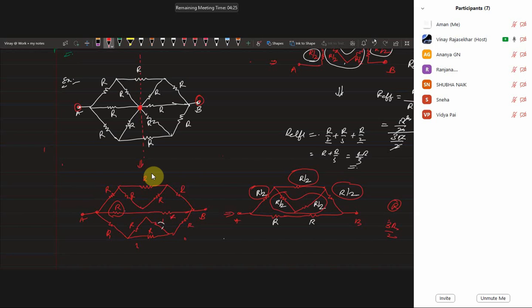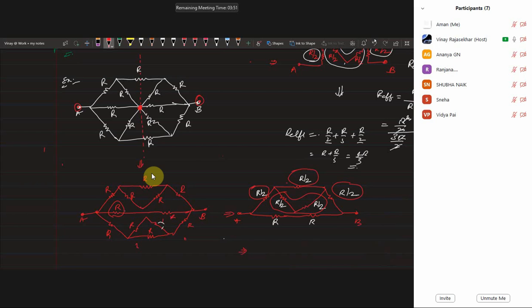Now 5R by 2 and R are in parallel. If you do the calculation, can you tell me what is the final answer? Sir, 4R by 5.